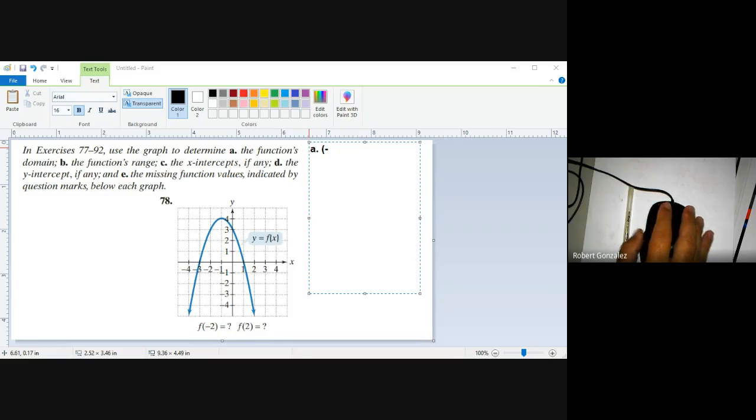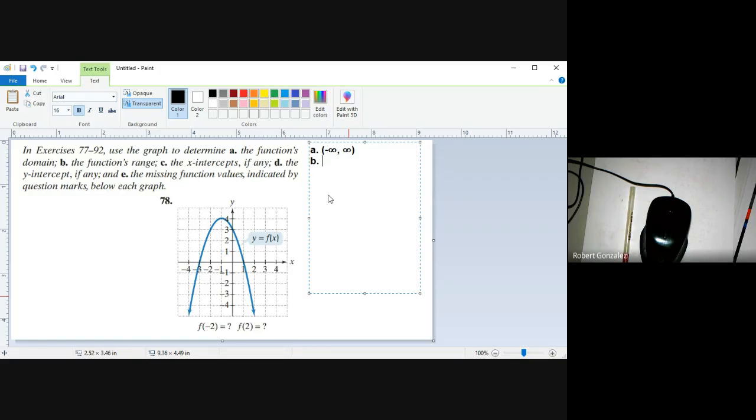It works on GoFormative. Infinity, there it is, comma, infinity. You can see I copied and pasted it from Google. I don't write INF or something else.